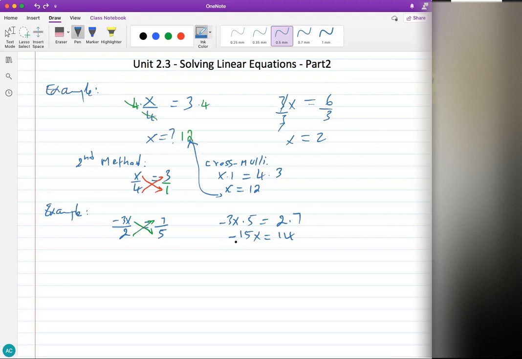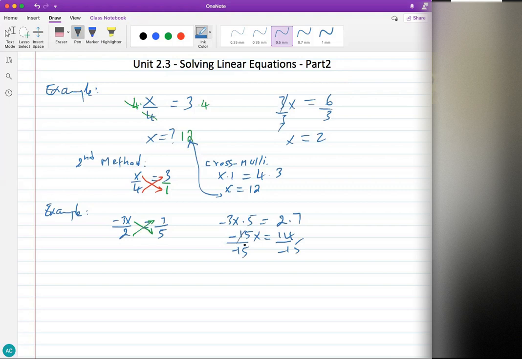We want to cancel this negative 15. What is the exact operation to get rid of it? The opposite of multiplication is division. That's right. So we need to divide by negative 15, and also divide the other side by negative 15.